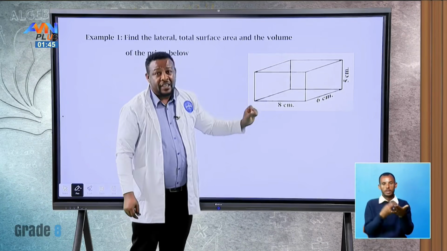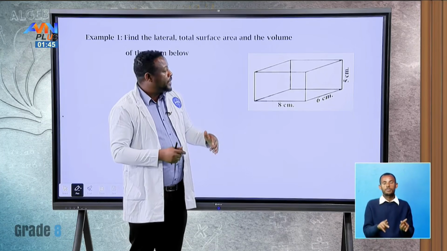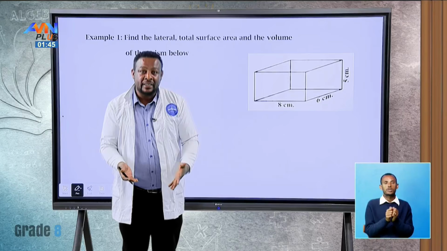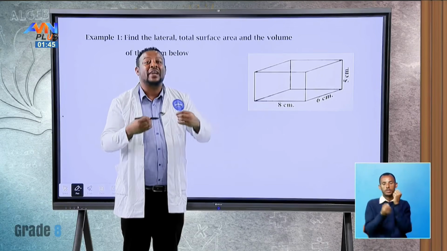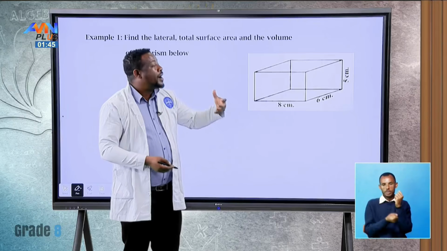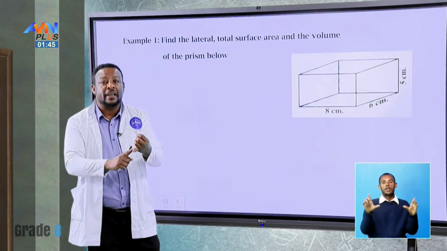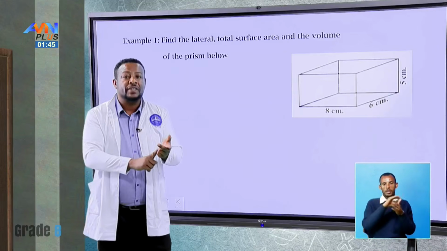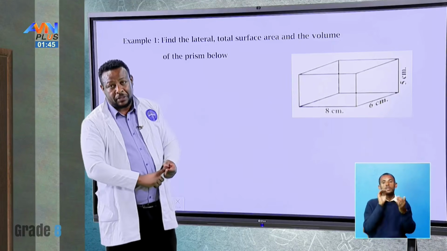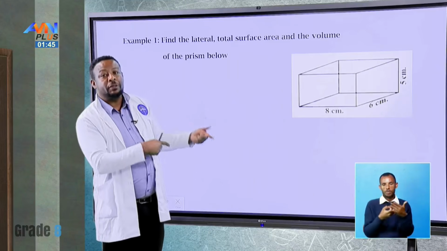As you can see, this is a prism with a rectangular base, so you can call it a rectangular prism. We will apply the formula that we have seen before.